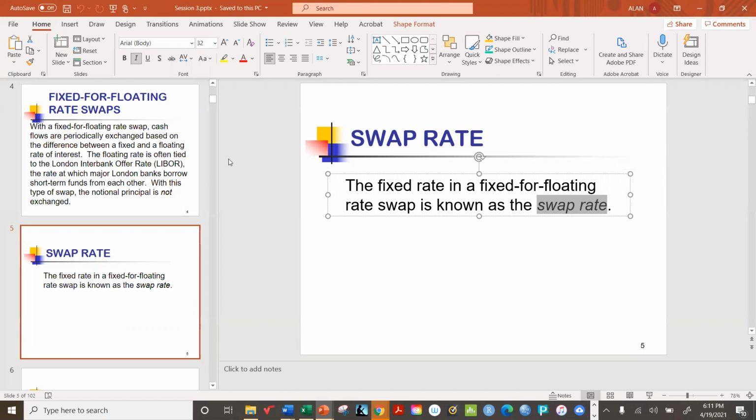So the swap rate is important because later on when we start looking at options, it turns out that you can actually buy an option on a swap, which is known as a swaption. And when you do, the strike rate, as it's called, is compared directly to the swap rate in the underlying interest rate swap to determine the value of that swaption.